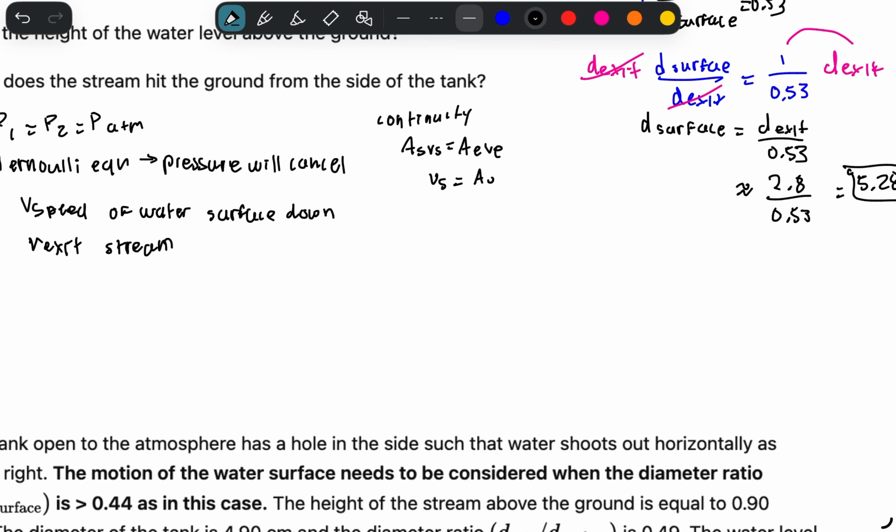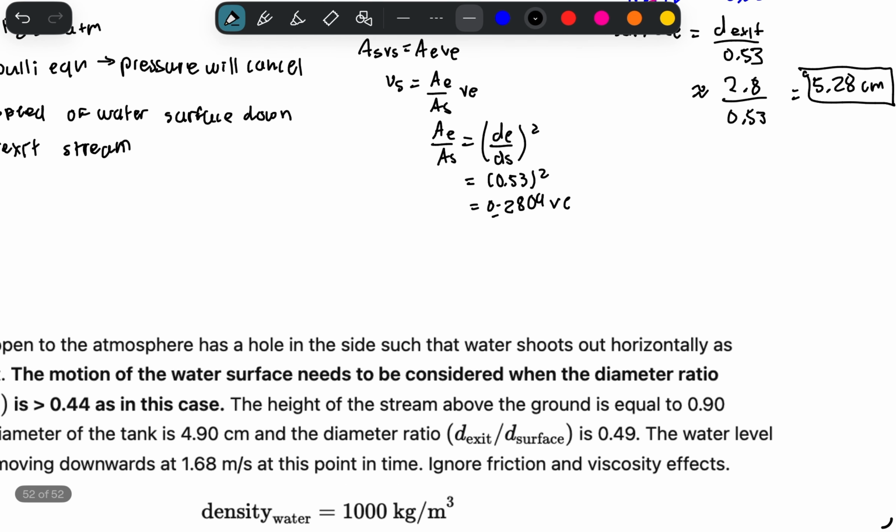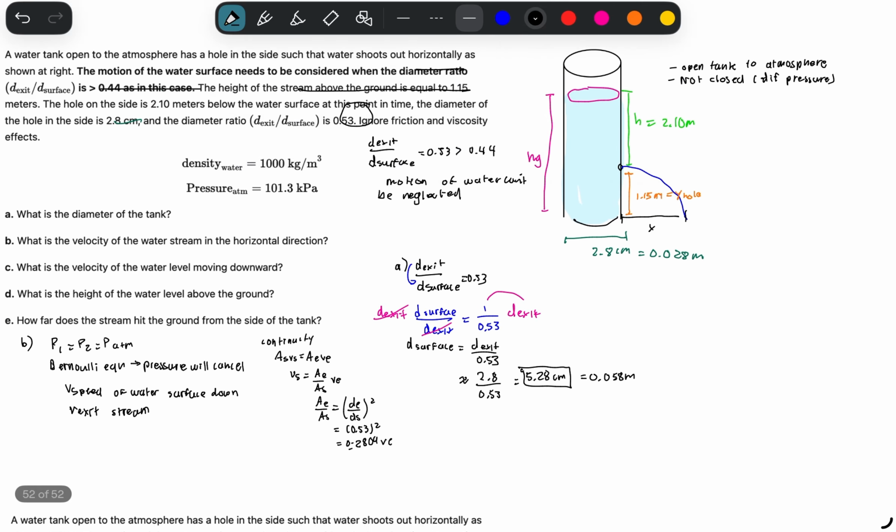VS will equal AE over AS times VE. And then we know that AE over AS is the same as our relationship earlier, DE over DS squared. This will be equal to 0.53 squared, and then this will be equal to 0.2809 VE. So then we can use Bernoulli's equation.